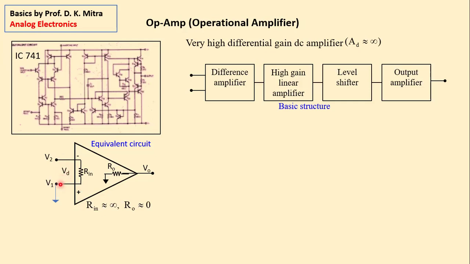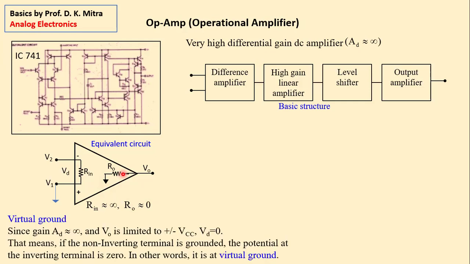Vd is V1 minus V2, which is amplified here. This is the output VO. Now, any such circuit will have an output impedance, and this is just a schematic representation that output impedance is RO. For all practical purposes, Rin is almost equal to infinity, RO is almost equal to zero. But I have shown you Rin and RO just to emphasize that they're there, right?